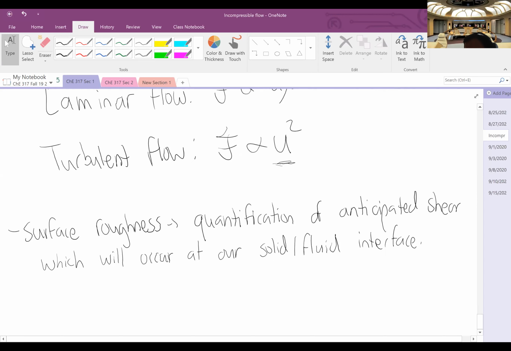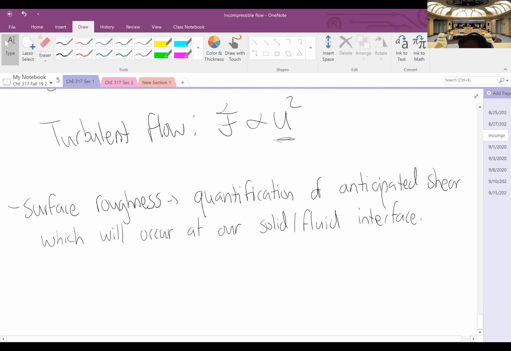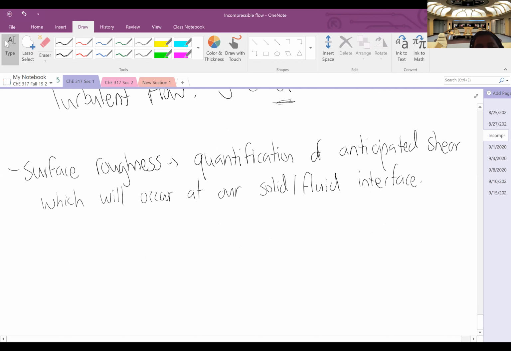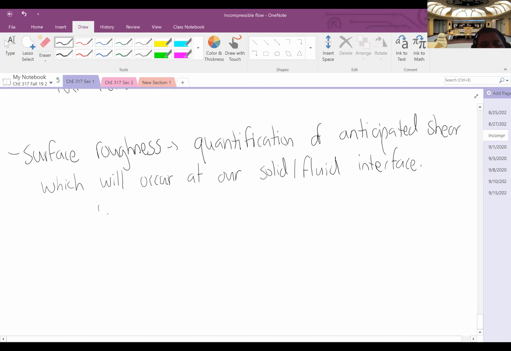And essentially what that means is the more rough a material or surface is, the more likely we're going to see flow irregularities within our system. A rough surface is going to give rise to more vortices, eddies, things of that nature. And so most materials will have some form of roughness factor, which is designated kappa.